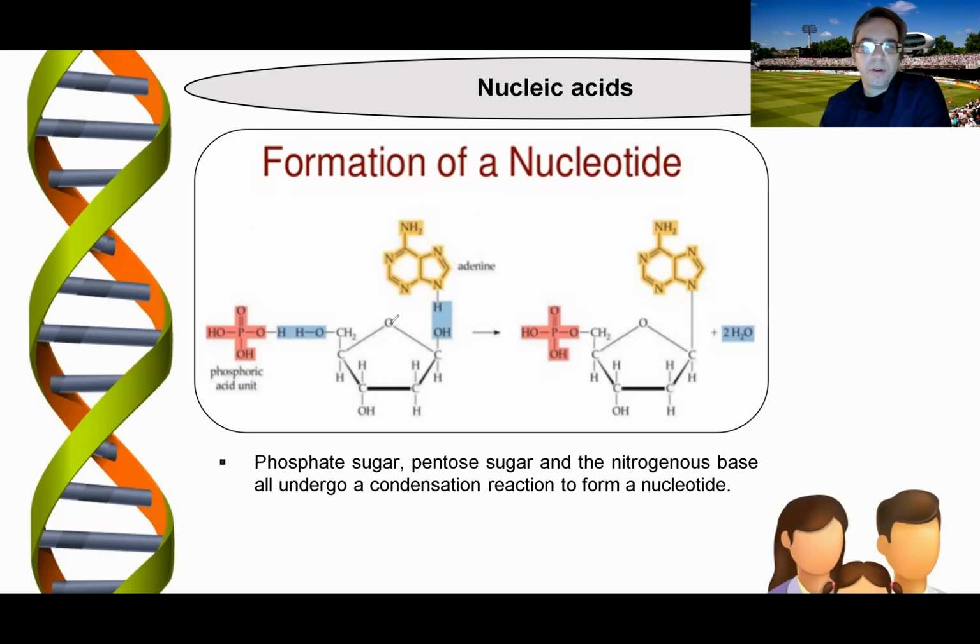Here we've got our pentose sugar. In a nutshell, what happens is what's called a condensation reaction, which is where water is removed when the nucleotide is formed. If we look here, we can see H2O, which comes out in the reaction.